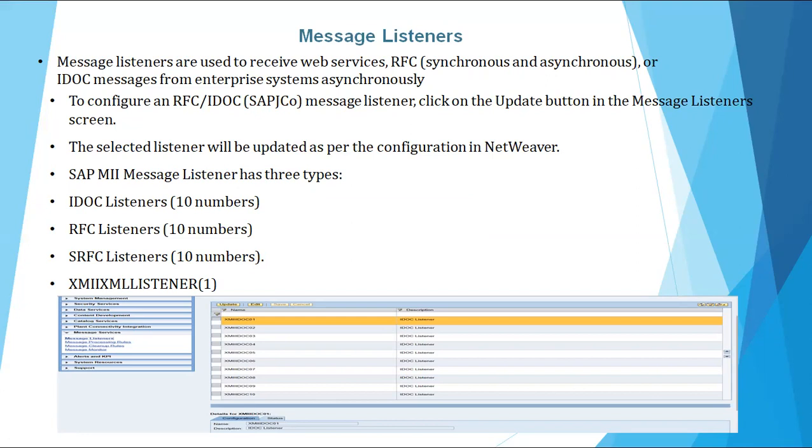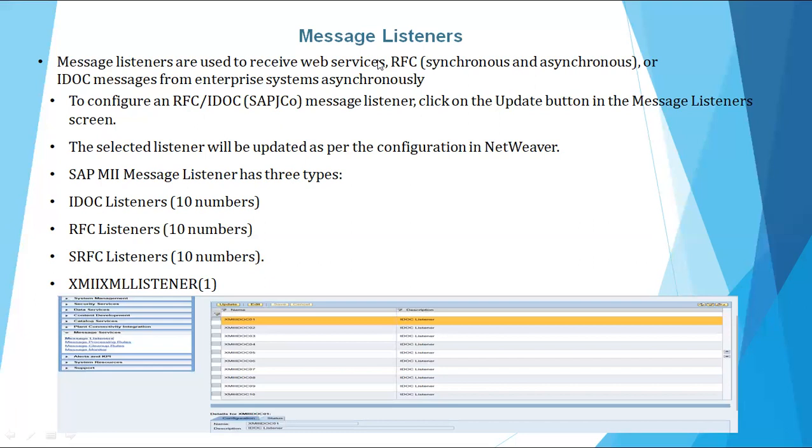But the XMII XML listener does not require any configuration, and it can be used directly for connecting to third-party systems through message services. Now I'm going to show you what configurations you need to perform for the message listener.